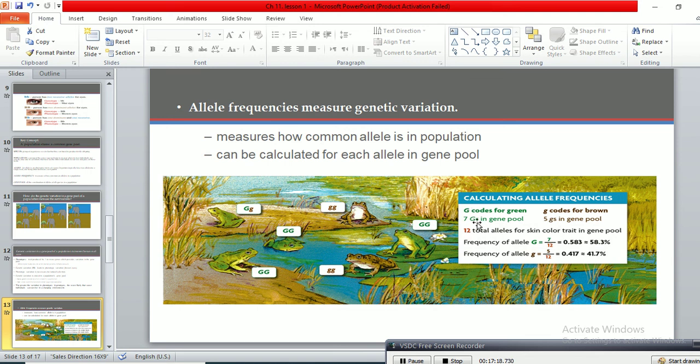So if you want to calculate the frequency of the capital G, the total alleles for the skin color trait in the gene pool is 7 plus 5, 12. So the frequency of allele capital G equals 7 over 12, the total. 7 over 12 equals 0.583, which is, if we multiply it by 100 to get the percentage, 58.3 percent.